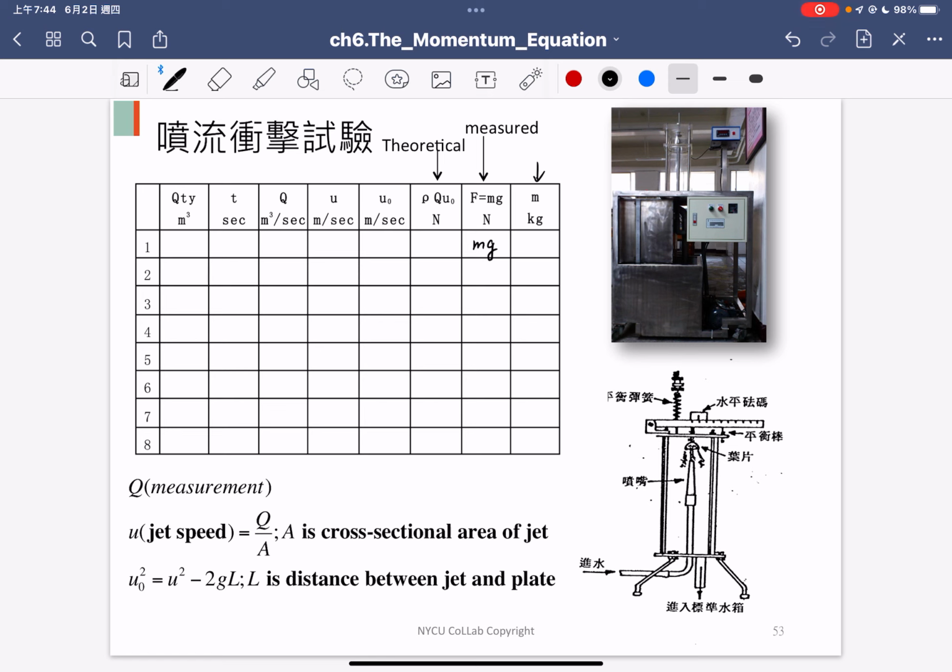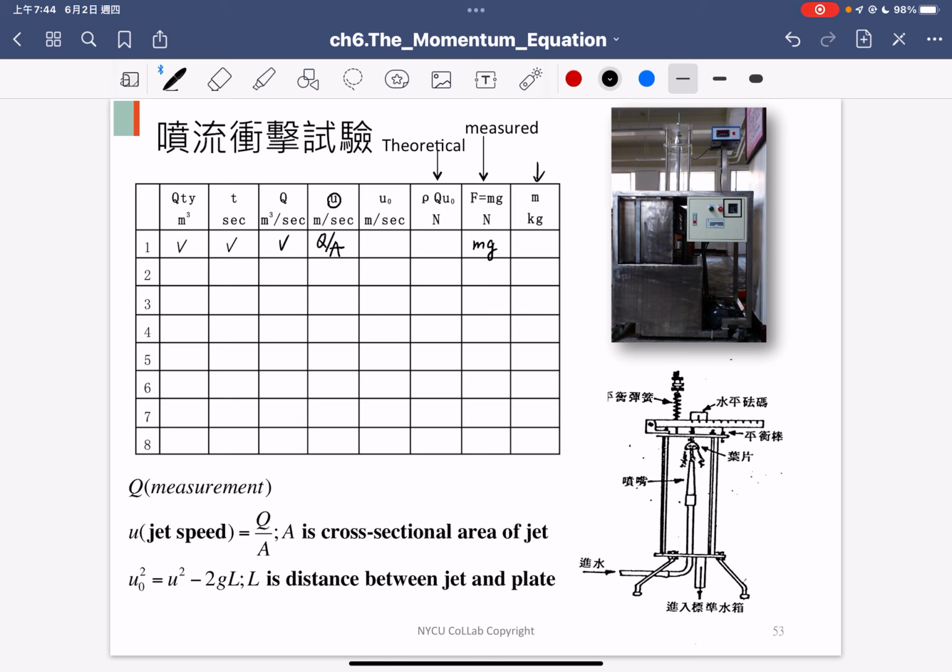And for this experiment, we can adjust the discharge we have. So we can adjust the discharge first, and use the clock to measure the time related to the discharge changes. So we can compute how large the discharge is. And because we have the discharge, and we know that the discharge divided by the cross-section area gives the initial velocity associated with the fluid jet.